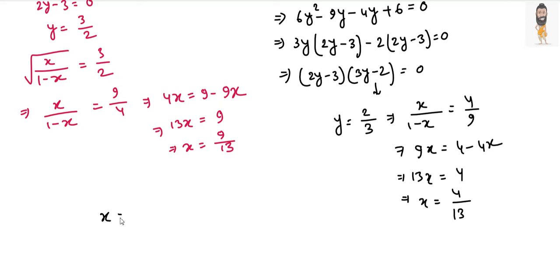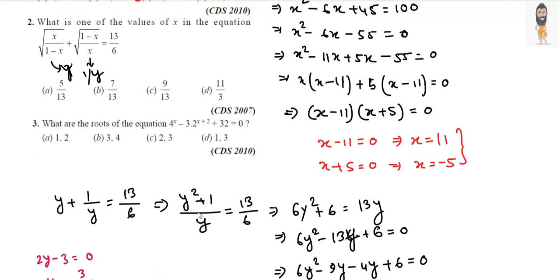So we are getting two values of x: one is 4 upon 13 and the other is 9 upon 13. Just checking the equation, one of the values is 9 upon 13. This is a very important question that we have solved here.